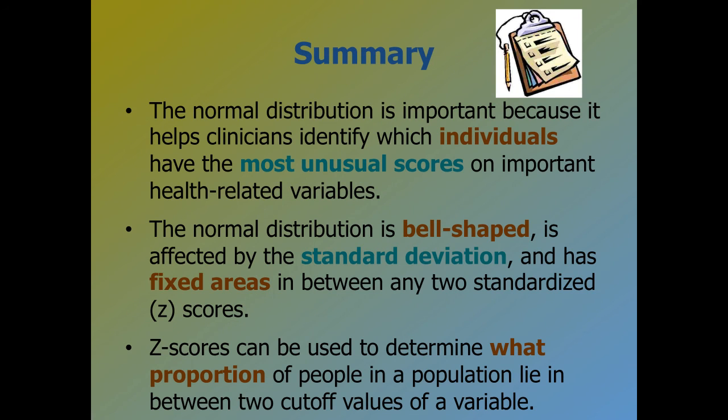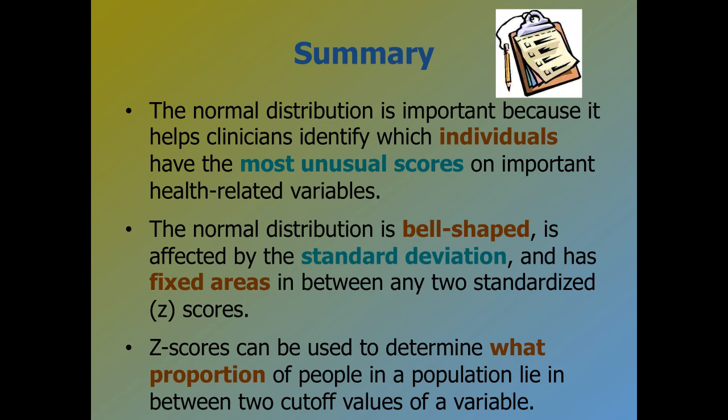In summary, the normal distribution is extremely important, and clinicians use it on a daily basis, because that is the only way that we can identify where an individual falls underneath the curve. We can identify outliers. We can identify where the majority of people fall. It is always going to be bell-shaped, and it is greatly affected by the standard deviation.